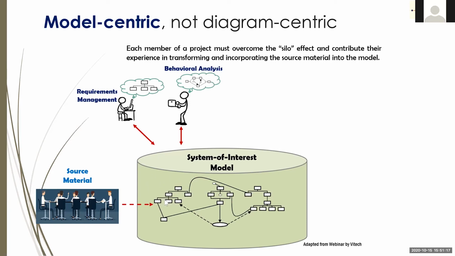So what I want you to notice is that those models are not living by themselves. Those models are connected. There are certain elements in those models that might be related to more than one diagram. So that's something very important to understand.